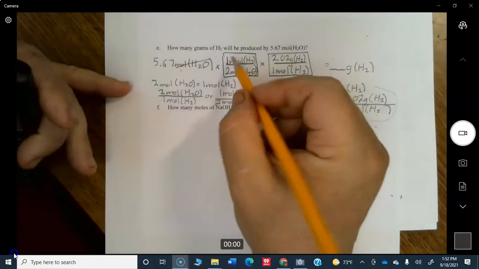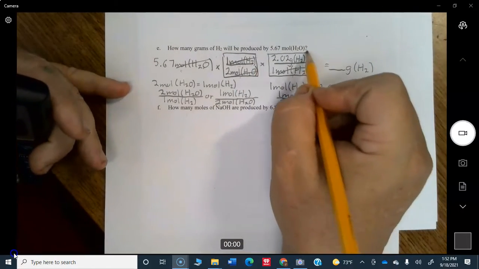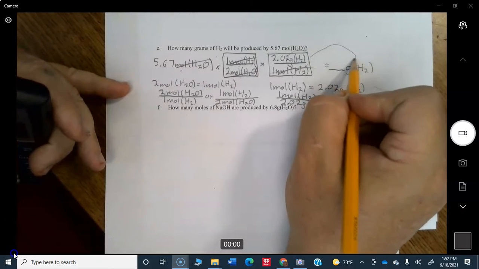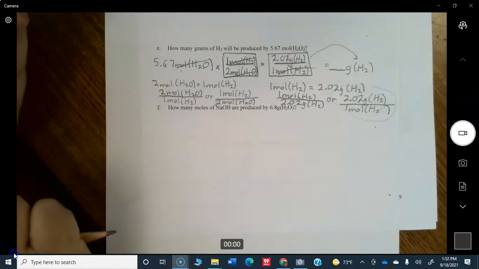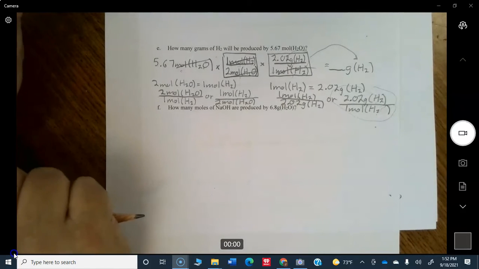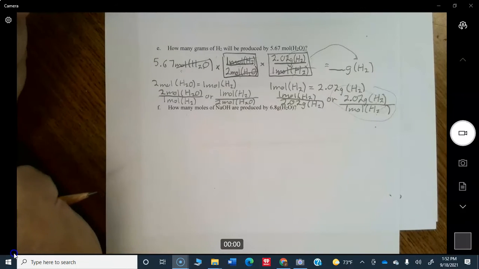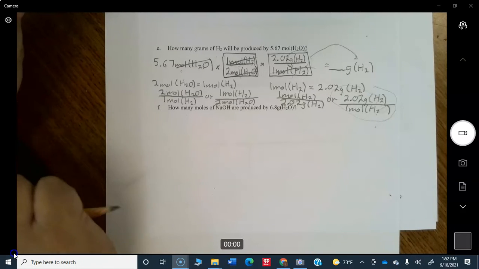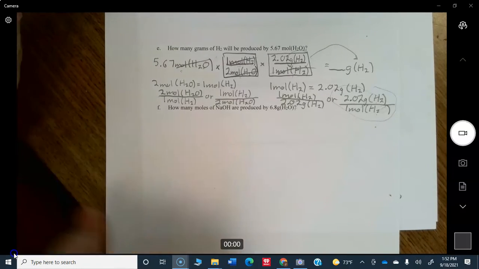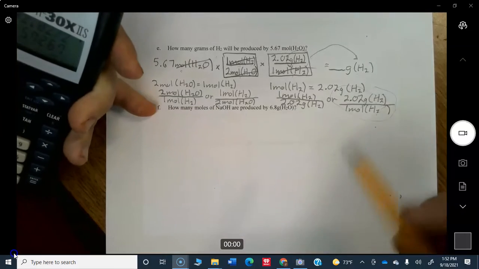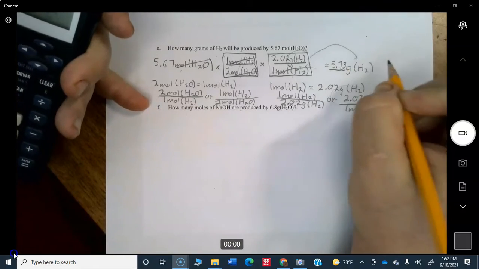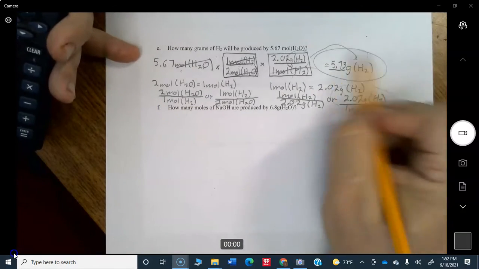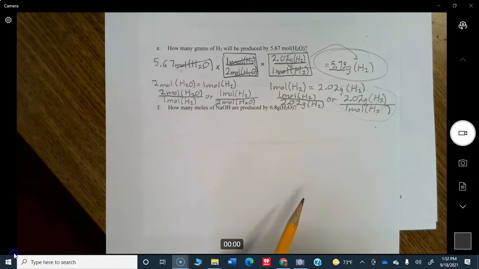Okay, so moles of H2 cancels, and grams of H2 is your final unit right there. So we're going to multiply everything on top, 5.67 times 1 times 2.02 divided by 2 divided by 1, and that's going to equal 5.73. And there's the answer for that.